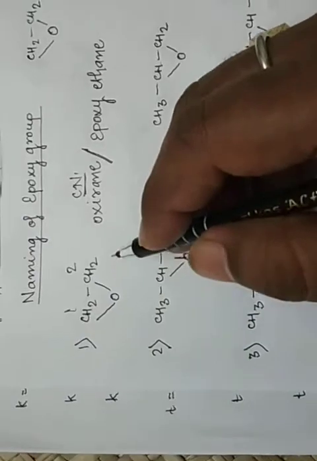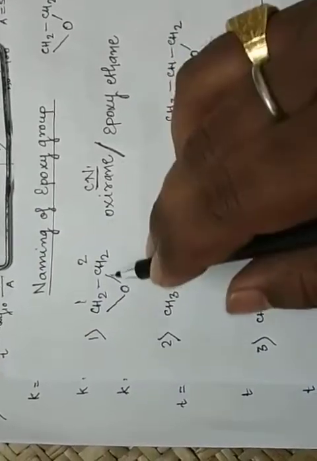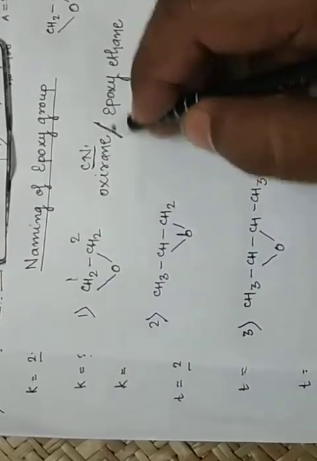Now the first example is done. The common name of this formula is oxirane and the IUPAC name is epoxy ethane.